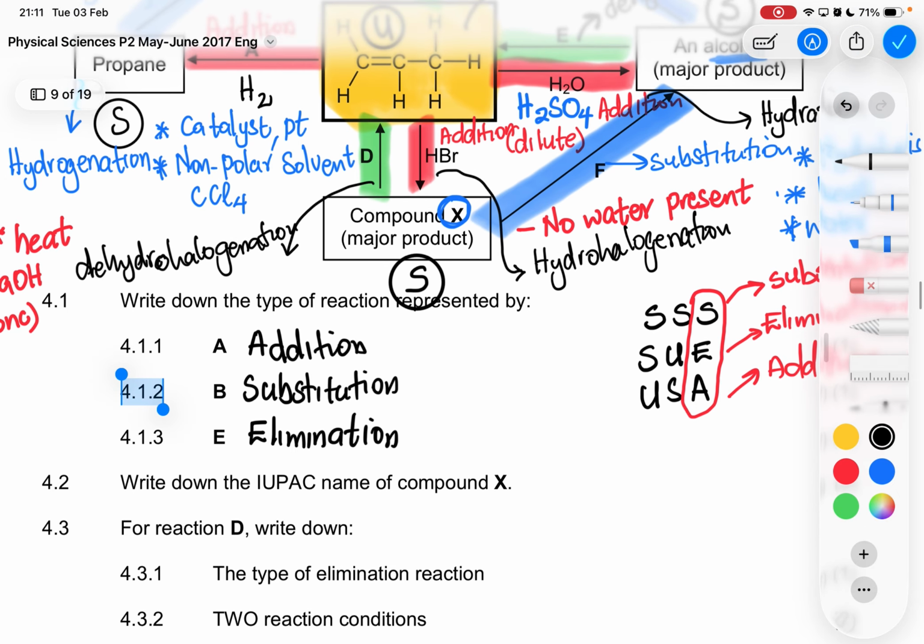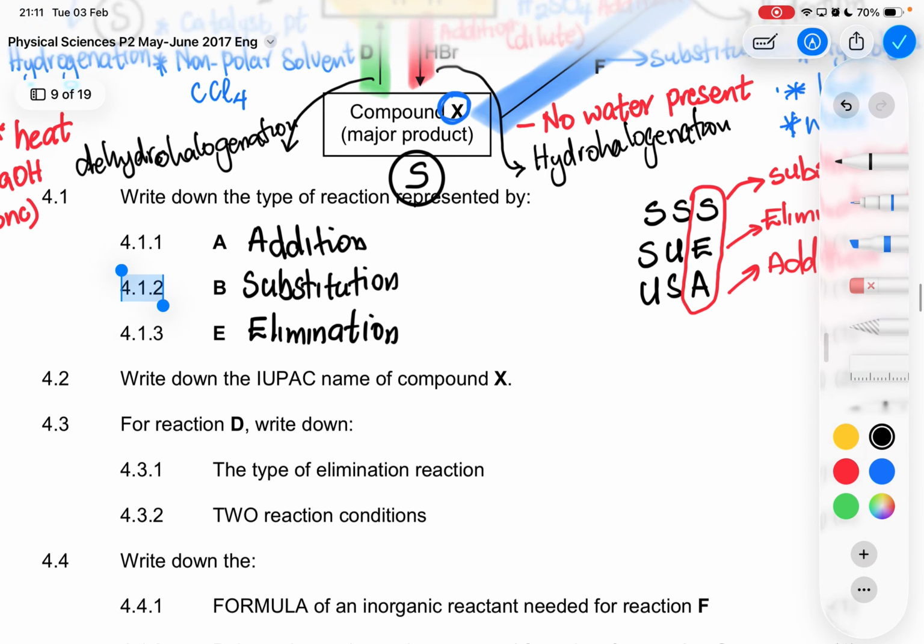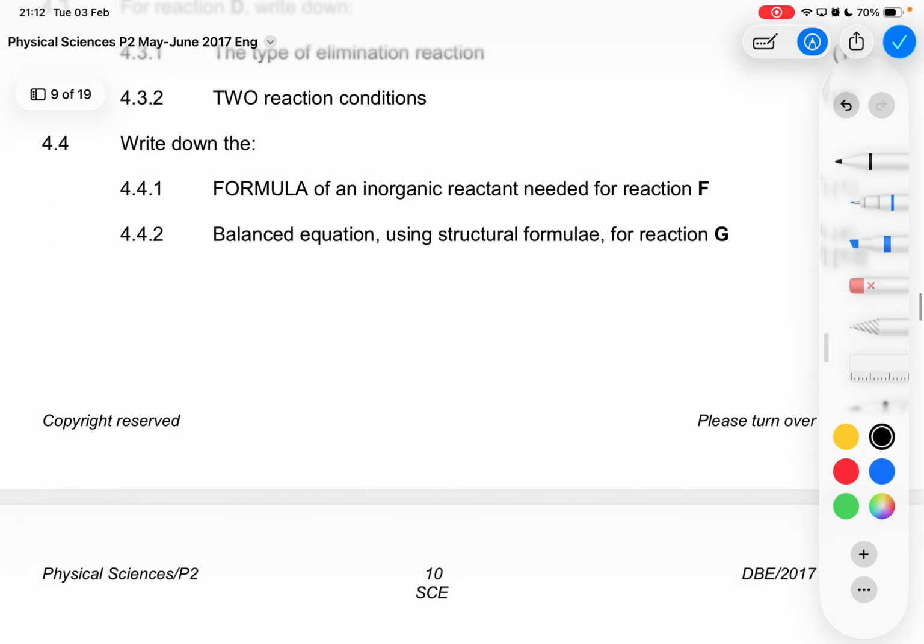So that one I didn't do, but let us look at the unsaturated compound. We are referring to that propene there. So for us to have the IUPAC name, I can draw this structure for you.